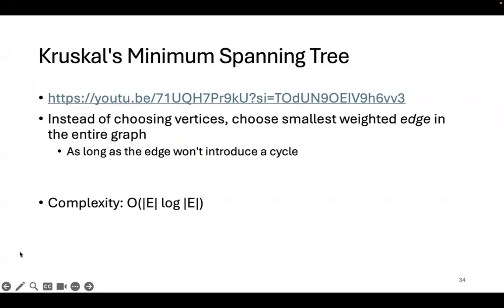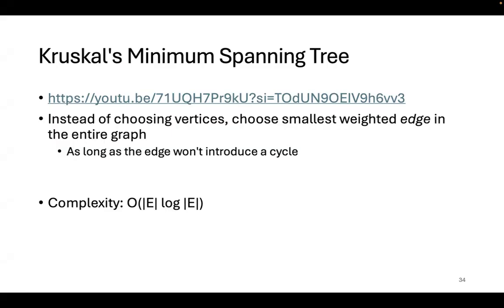And it works fairly similarly, except instead of choosing vertices like we did with Prim's, where we start with a vertex, and then we add a vertex based on the smallest cost, instead, here, we just look at edges. So we just choose the smallest weighted edge across the whole graph and build it up that way. Again, as long as choosing that edge isn't going to create a cycle.